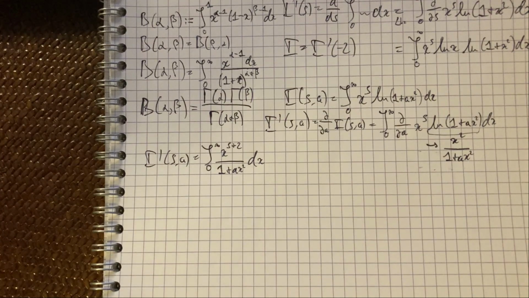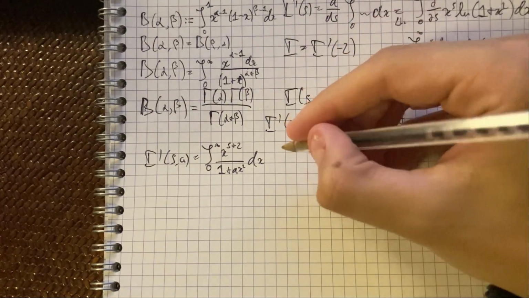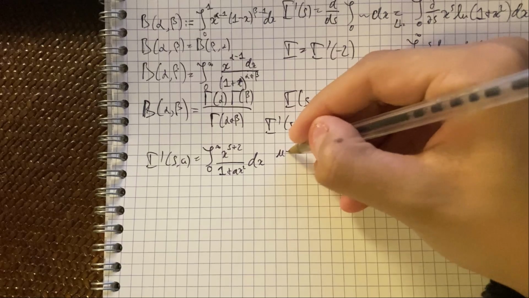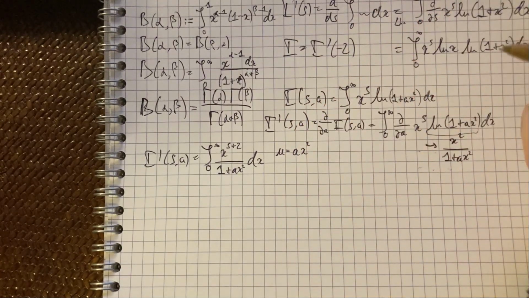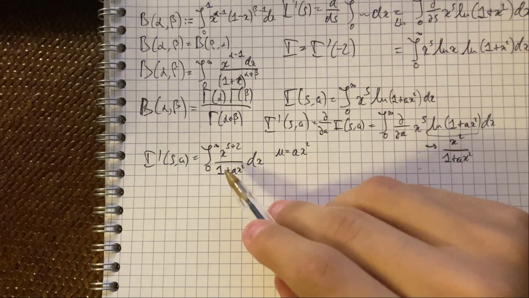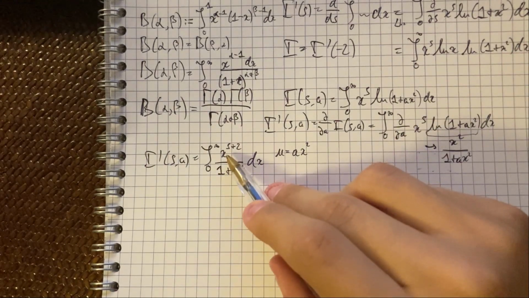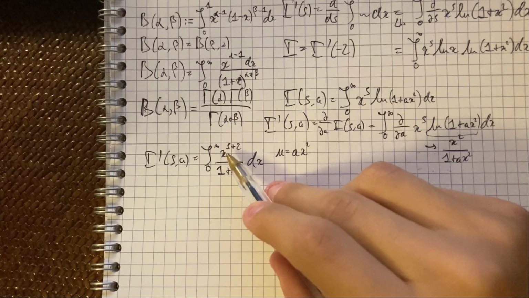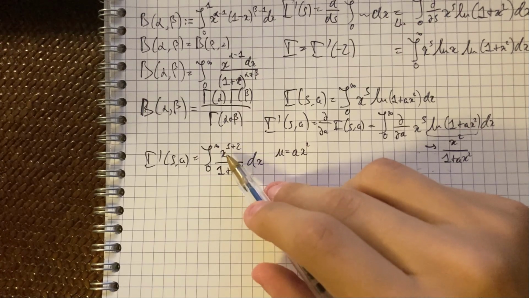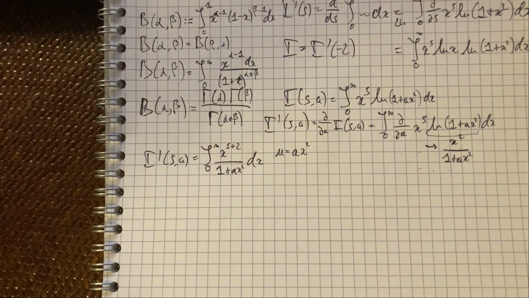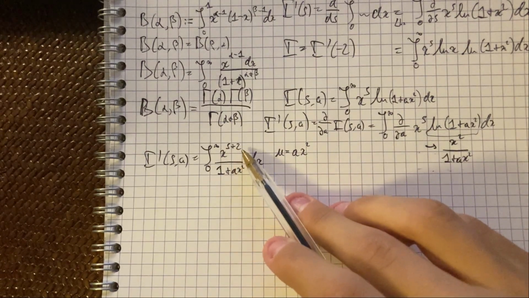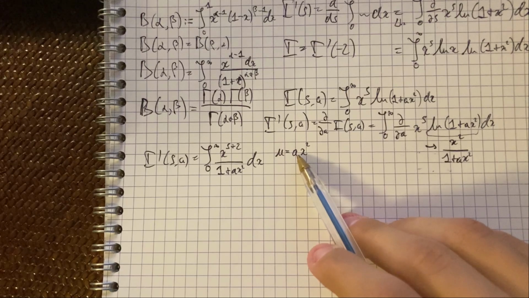Just by letting a new variable, let's say u, be equal to a x squared. This way here we have 1 plus u, and here we have the square root of u over a. But it's not a problem, because this is a power and a is a constant, so we can take it out of the integral.